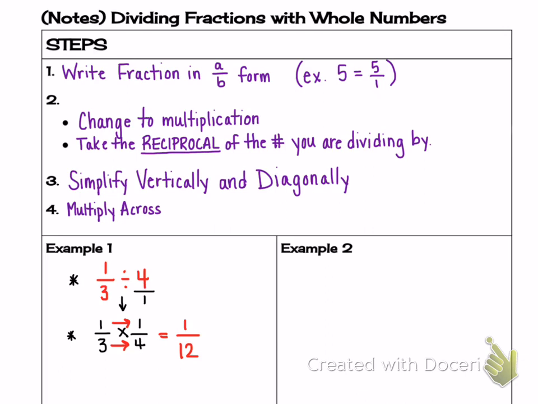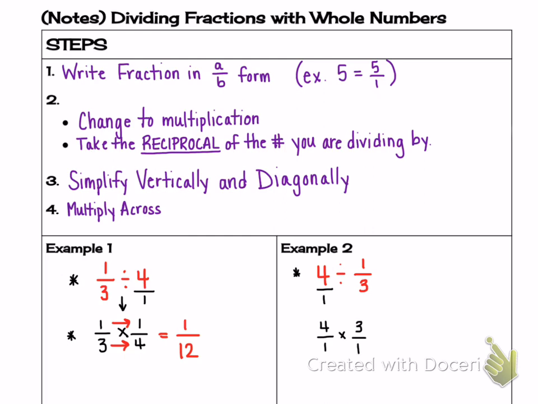We're going to take 4 divided by 1/3. Now remember, we start by putting it in A over B form. So I'm going to take that 4 and write it as 4 over 1. When I change this problem for step 2, the first number always stays the same, 4 over 1. You change it to multiplication, and the reciprocal of 1/3 is 3 over 1.